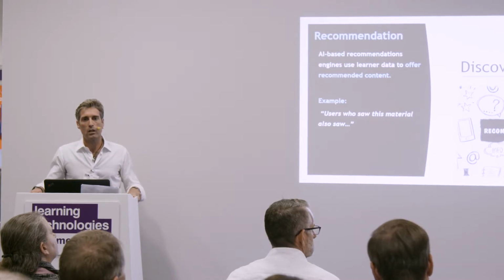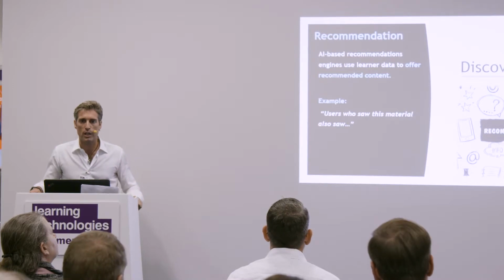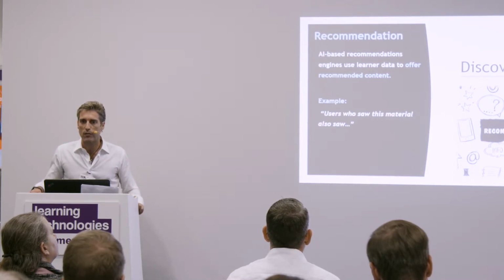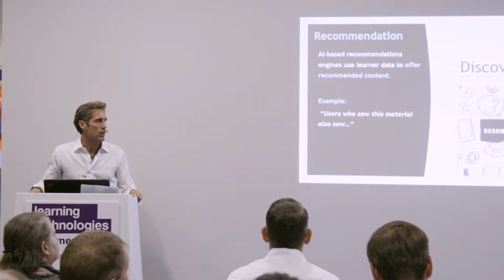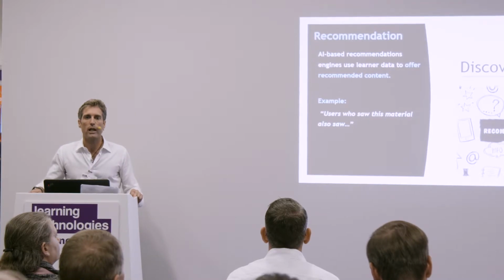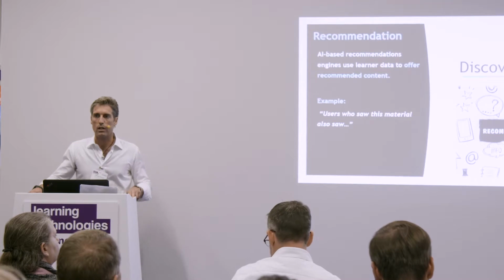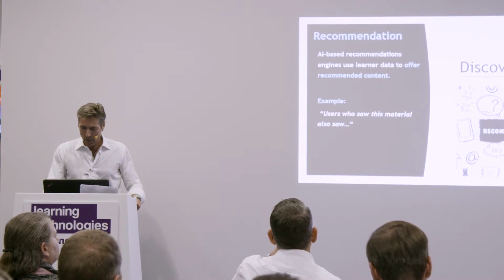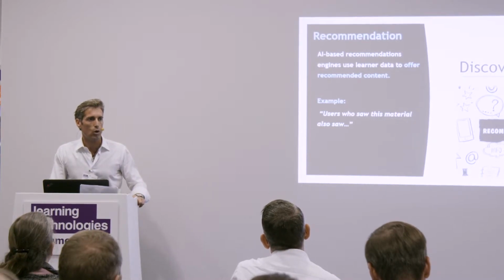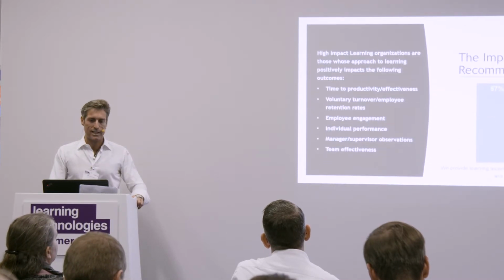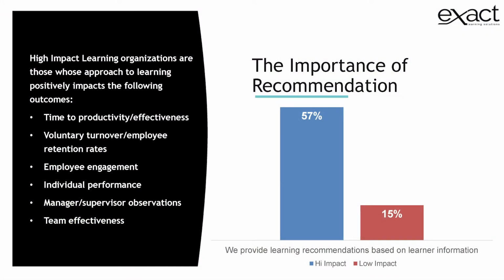For example, having colleagues or other students that were asking for some specific materials which are considered similar as a topic to the one I'm experiencing, so that the recommendation system tells me, okay, you may be interested also in this course. It's very similar to what Amazon does for their products, and the principle is exactly the same. The behavior of the learner is analyzed, and then it is used for suggesting alternative materials.